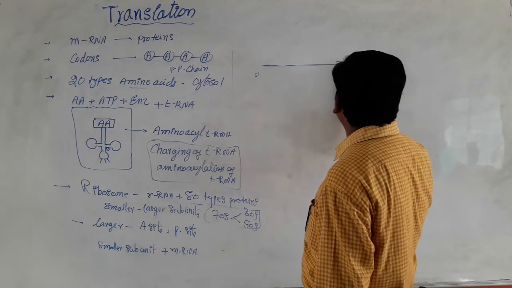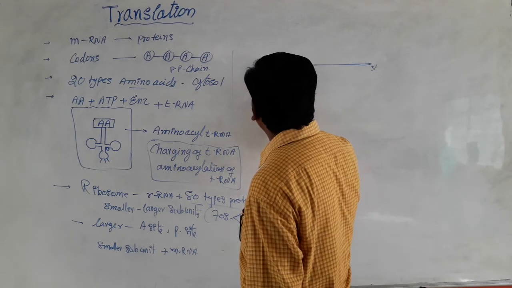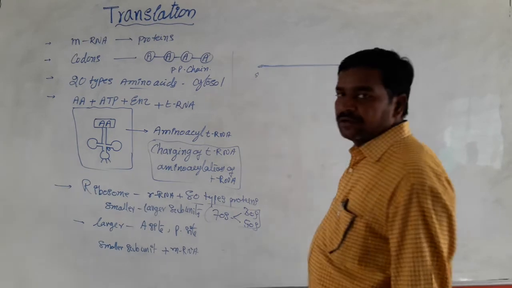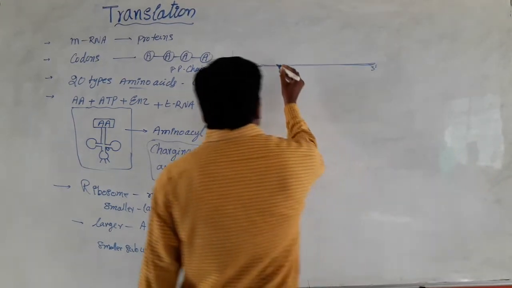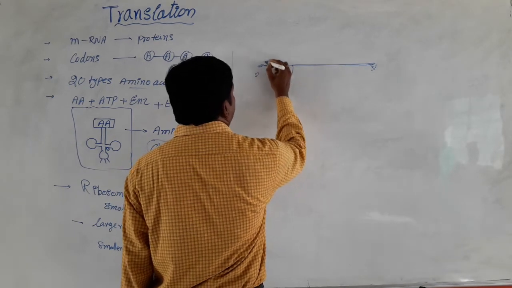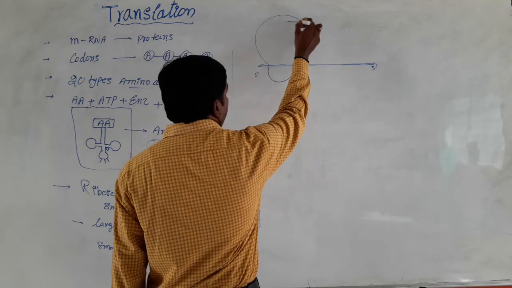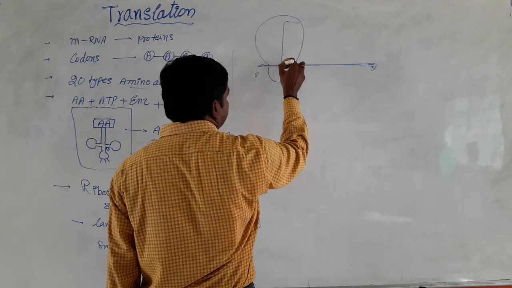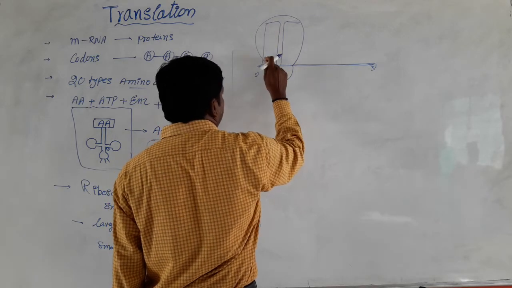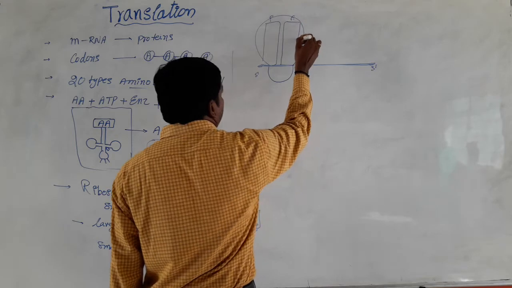This is the smaller subunit and this is the larger subunit. The larger subunit is represented by two sites: one is the P site and the other is the A site.